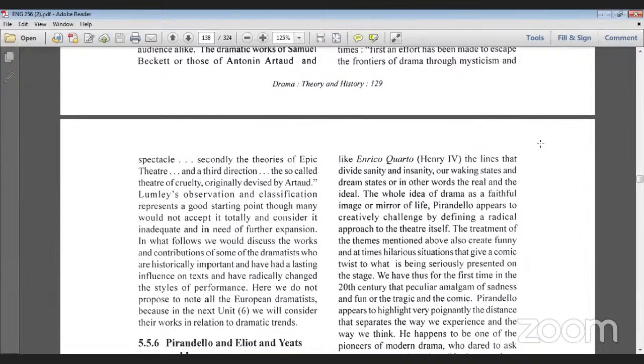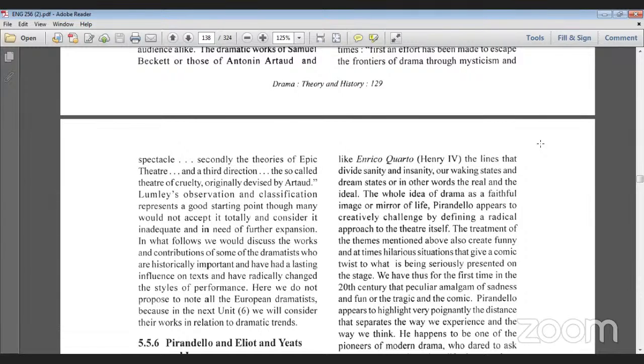Secondly, the theories of epic theater, and the third direction, the theory of cruelty, originally proposed by Artaud. Lumley's observation and classification represents a good starting point, though many do not accept it totally and consider it inadequate and in need of further expansion.